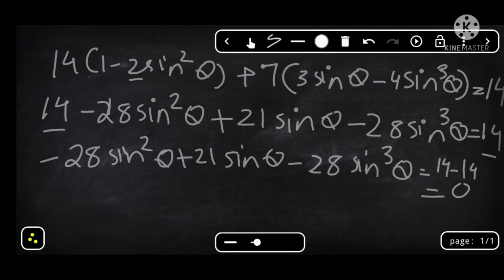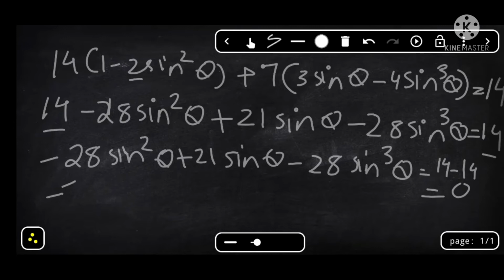Now we can again take 7 outside from these functions, right? If we take minus 7 outside, most of the negative signs we can remove.